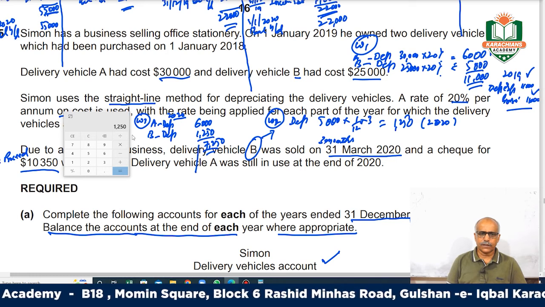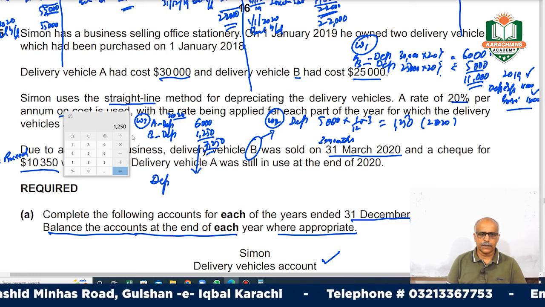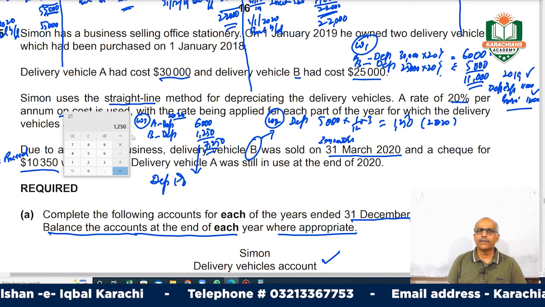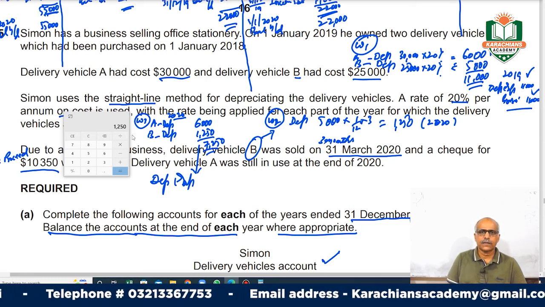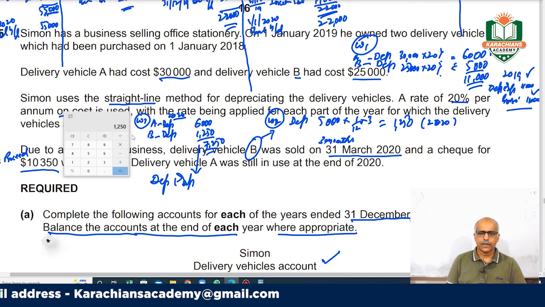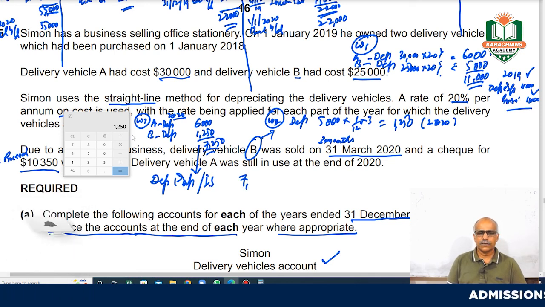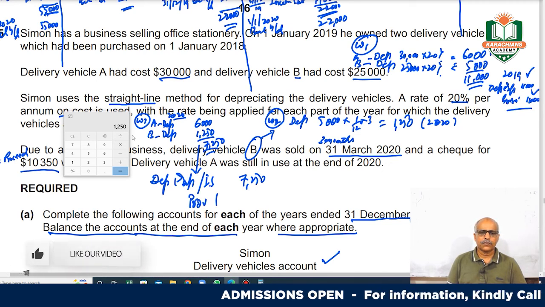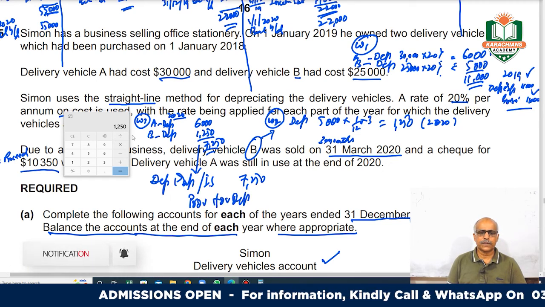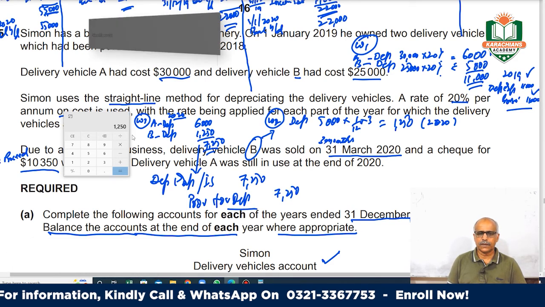Then you will make its entry on depreciation. You do not have to make the entry. I am just making your concepts clear. I am making entries so that in depreciation expense, and this depreciation expense will close into the income statement 7,250, and your provision for depreciation will get credited 7,250, right?